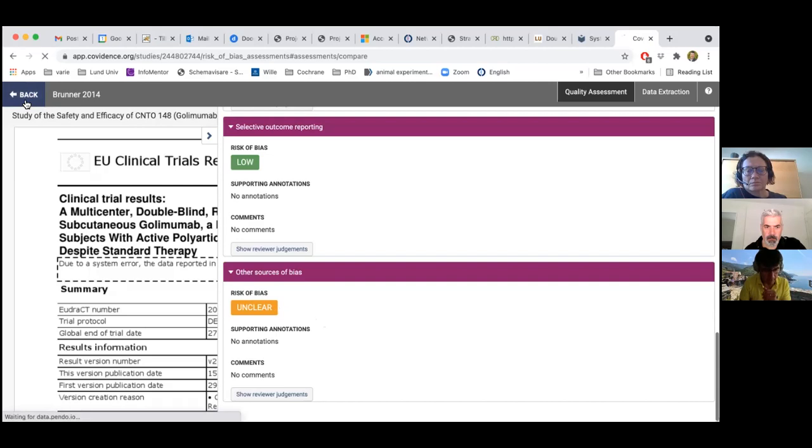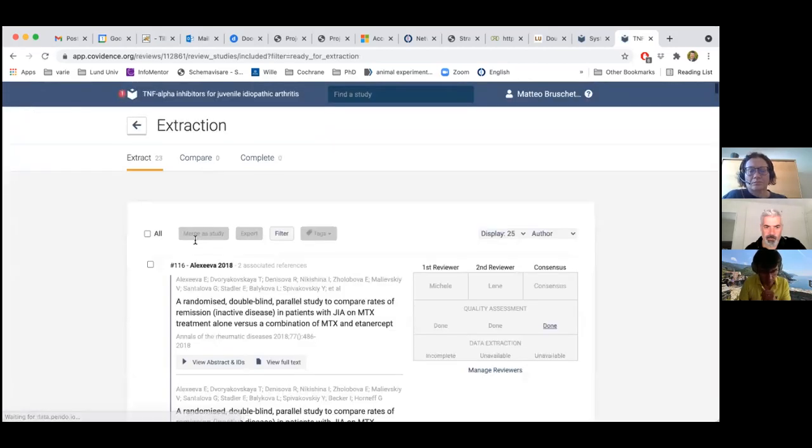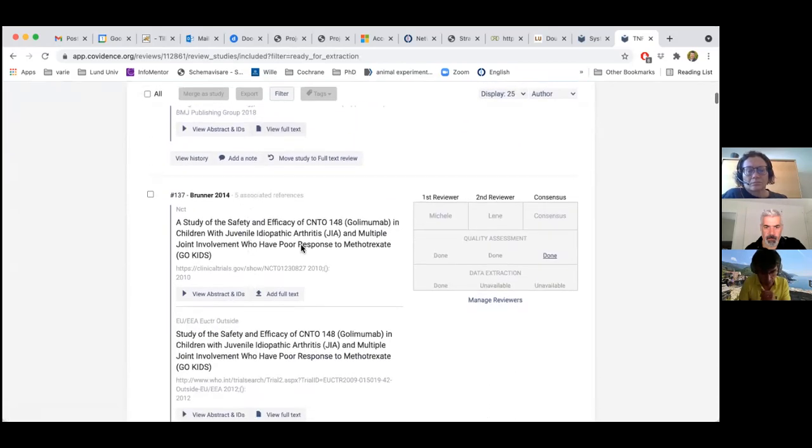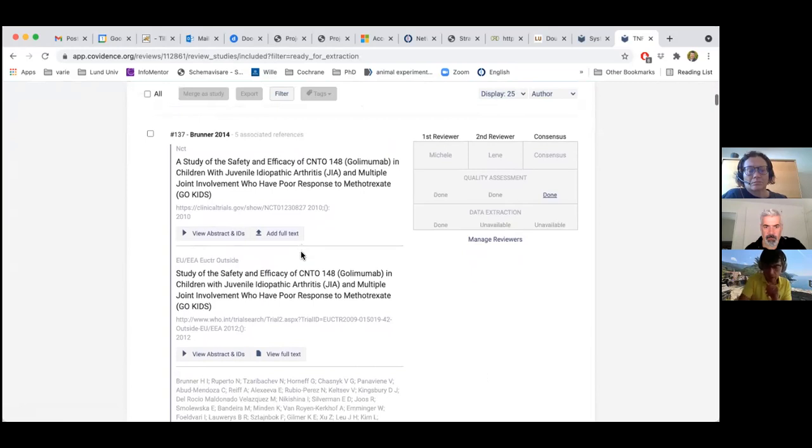So if I go back here to the main page for this study, we will look at Brunner now, 5 publications. It might be that just in one of the 5 PDFs, they write that Pfizer was paying for the study, for example.